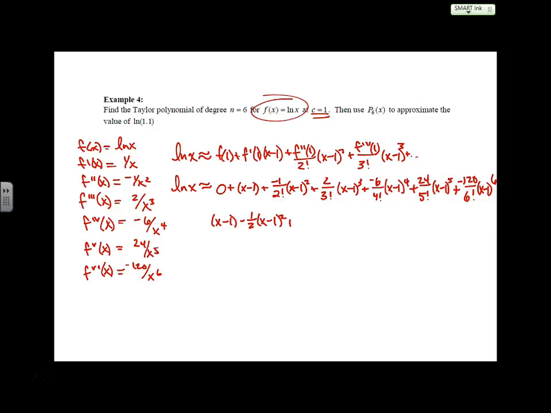What's 3 factorial? 6. 2 over 6 is 1 over 3. What's 4 factorial? What's 6 times 4? 24. What's 6 over 24? 1/4. What's 5 factorial? What's 5 times 24? 120. What's 24 over 120? 1/5.